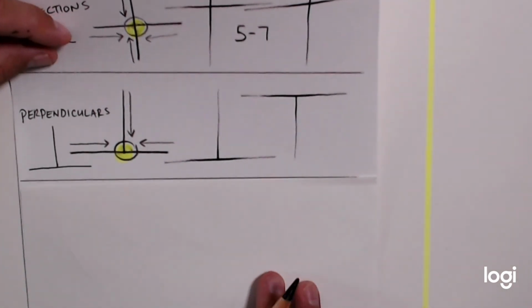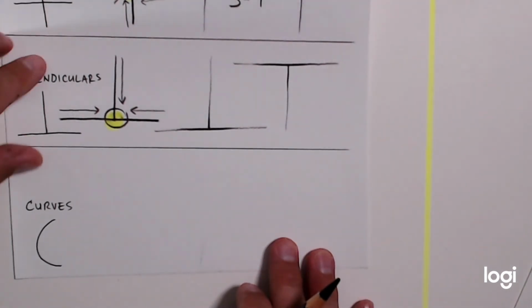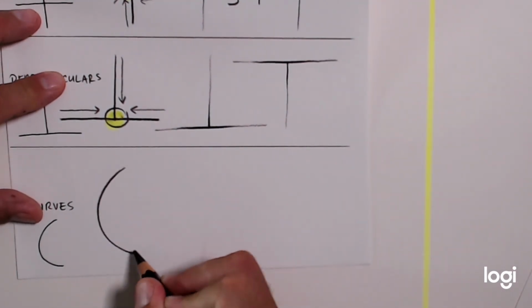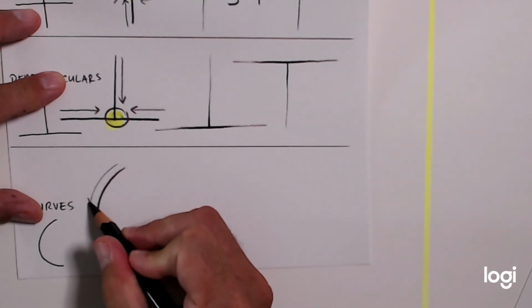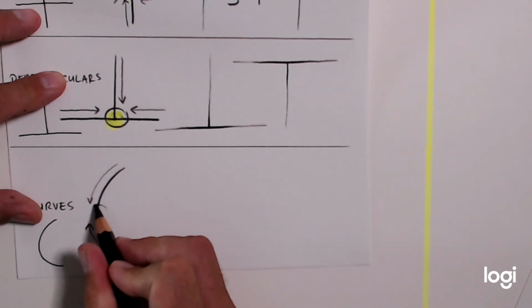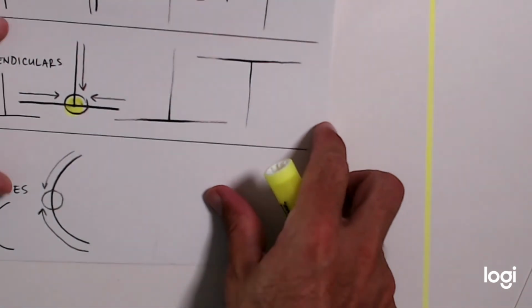The last one we'll look at here is our curves. Okay? So for a curve, it'll be a little bit different. We're going to increase our pressure as we get towards the center of the curve. So more in this area. Whoops. Sorry about that.